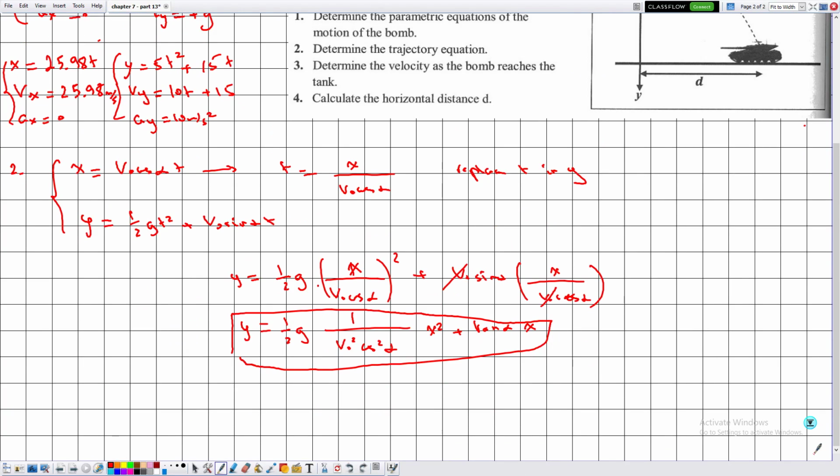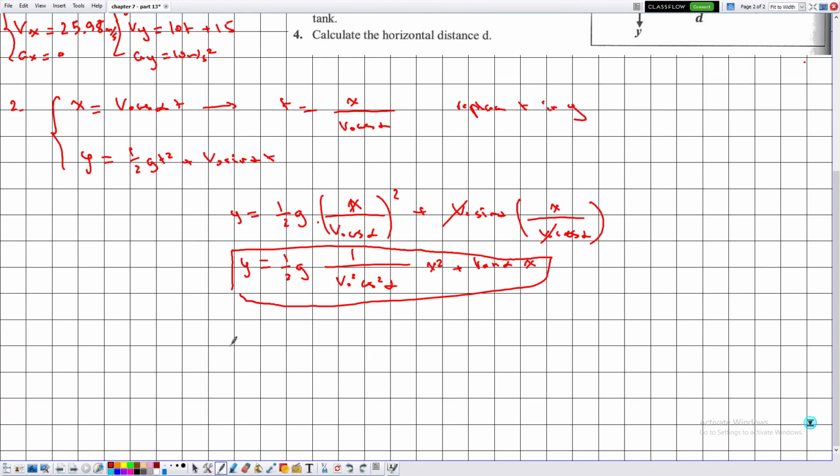Now we are ready to replace some values. We have that y is equal to half times 10 multiplied by 1 divided by 30 to the power 2 cosine 30 to the power 2 x square plus tangent 30 x.